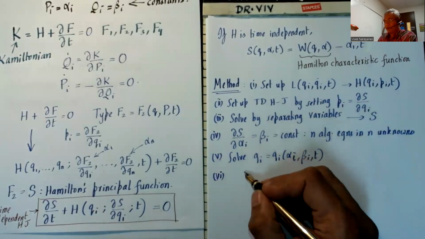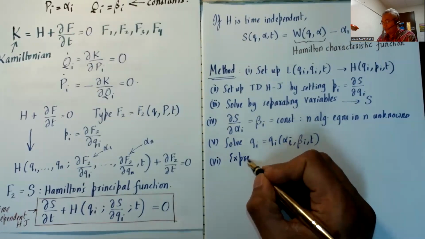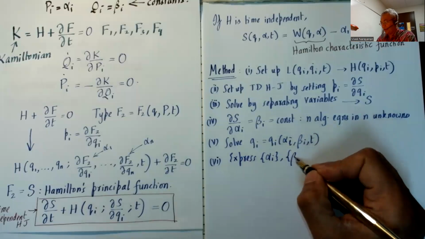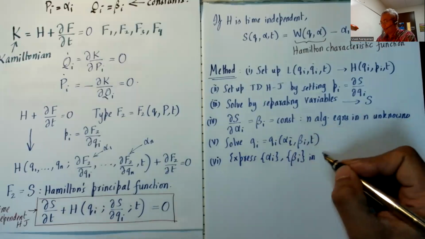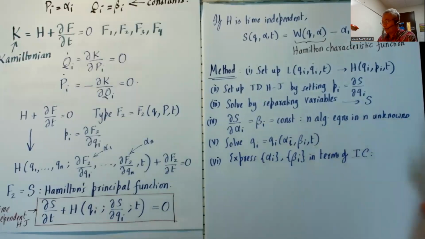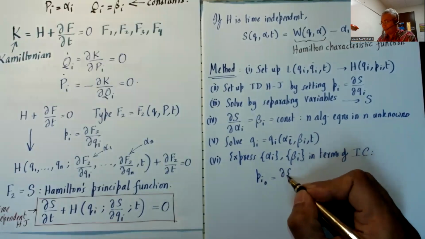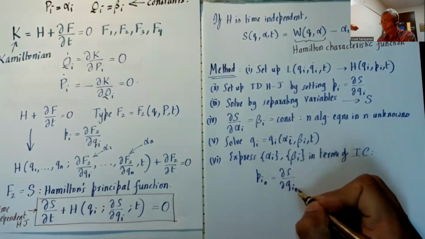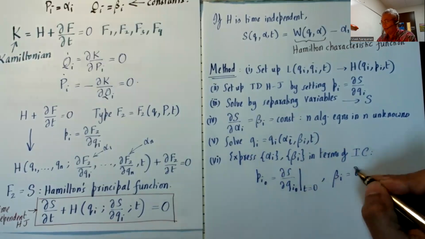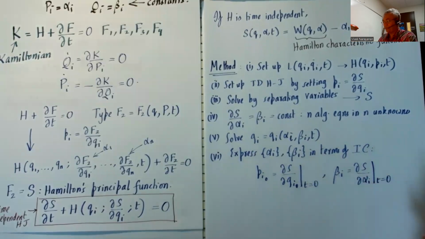Then we can use the initial conditions, express alpha I and beta I in terms of the initial conditions. And the initial conditions are that pi0 is del S by del qi0 at time t equal to 0, and beta I is del S by del alpha I at time t equals 0.